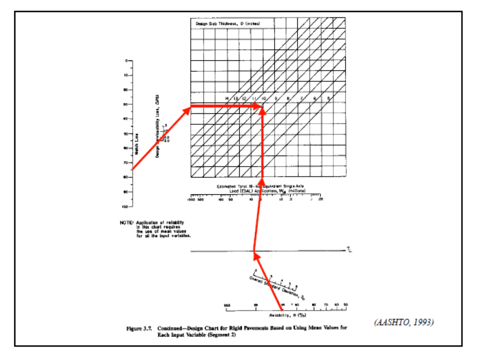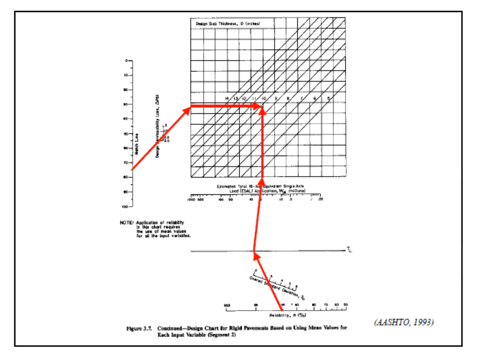So simply you can see that by using the different variables and using the nomograph, ultimately you will be in a position to determine the design slab thickness. Well, I would like to say something about the reliability which is there on this particular bar.